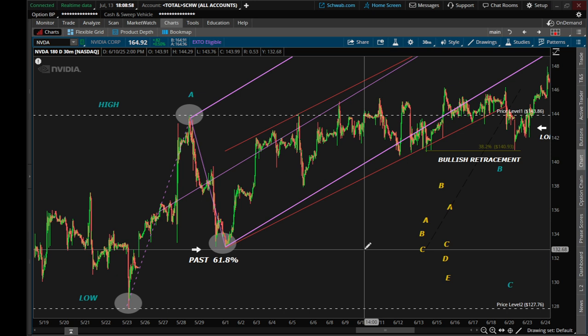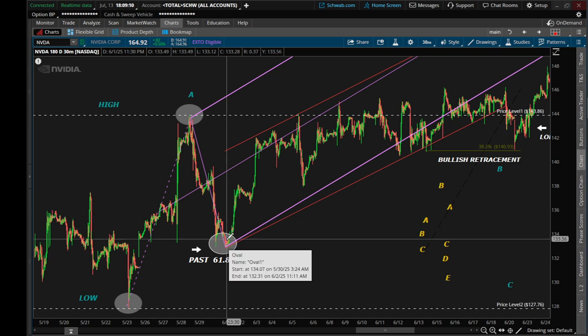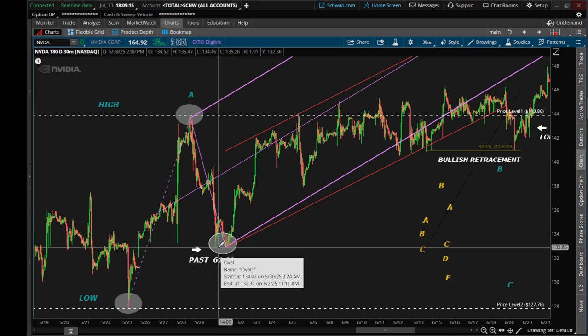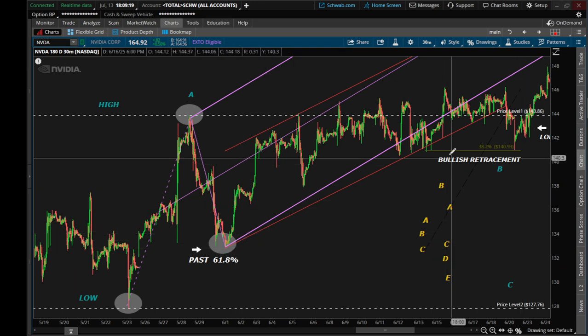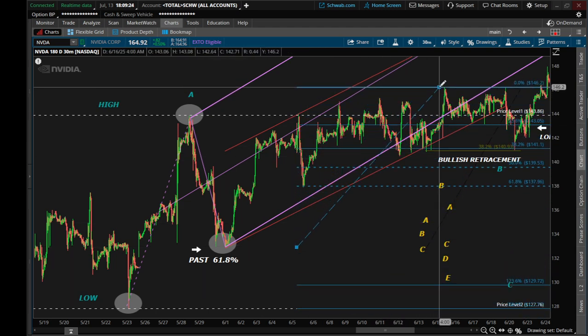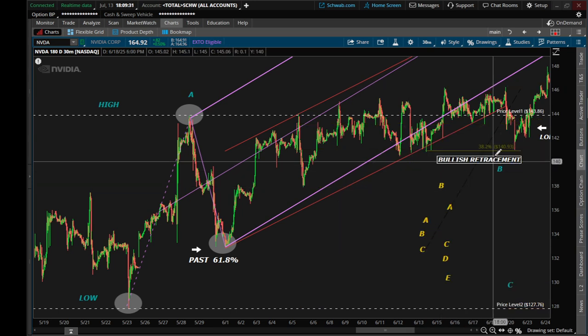What we need to do is measure that correction, but we don't measure it from these first 3 swings. We're going to measure it from the start of the pitchfork, if you will. So we're going to measure it from here to the highest point it made inside the pitchfork, which was here, and we got 38.2 right here.